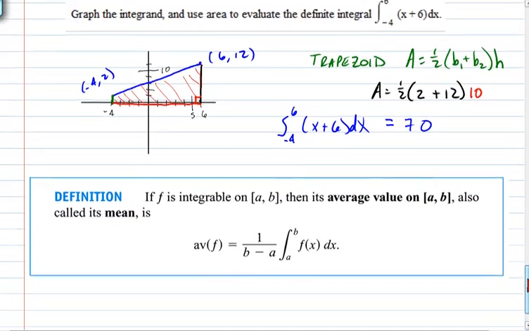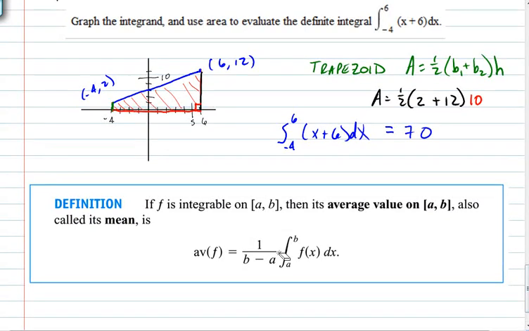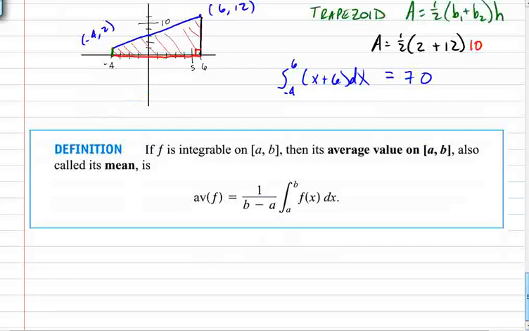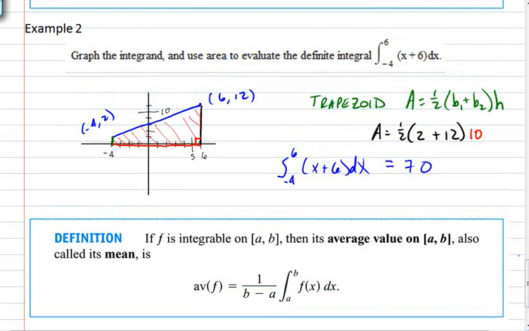Here's a formula for an average value. If you take that area and you multiply it by 1 over the distance from B to A, here this would be 1/10, it would give you an average value. And that's going to come up, I believe, in the next section when we look at the mean value theorem. So for all intents and purposes, we're done with this.